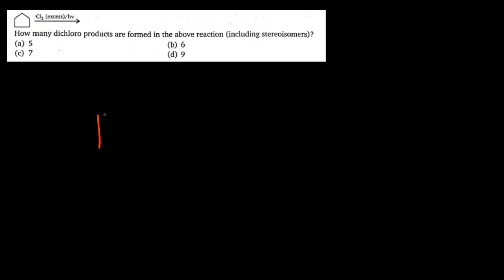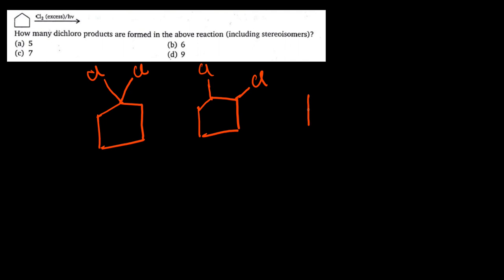So students, dichloro products mean two chlorines will be attached. So both the chlorines can come on the same carbon and it can be on different carbons, isn't it? So how many different possible positional isomers are there? So these are the three different positional isomers you will be getting. Clear? These are the three.